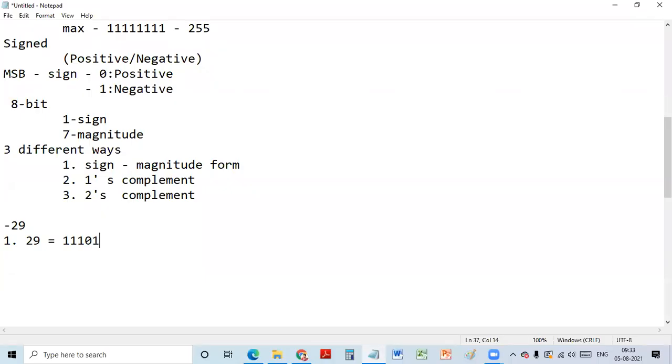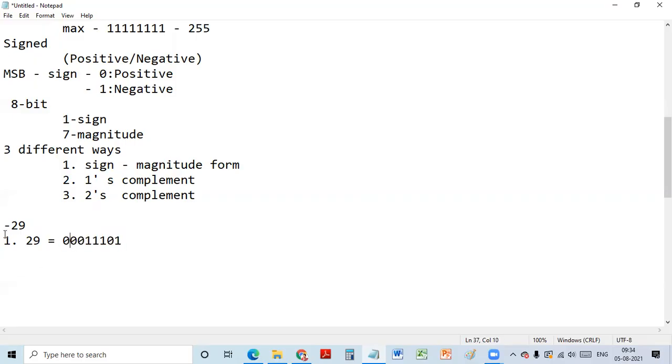While representing this, you first need to fix how many bits you are using to save your number. We are talking about 8 bits now. These are only 5 bits, so the remaining 3 bits you need to append with 0. Now this becomes the total 8-bit number.